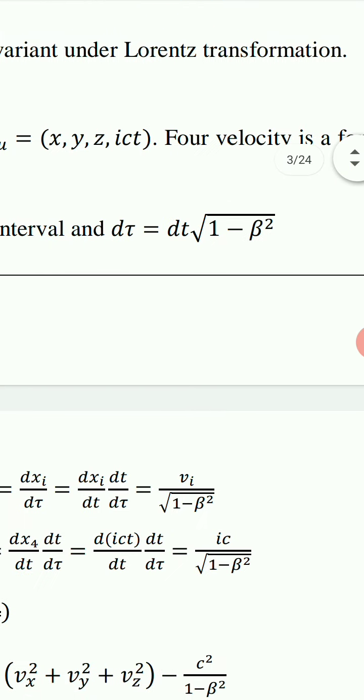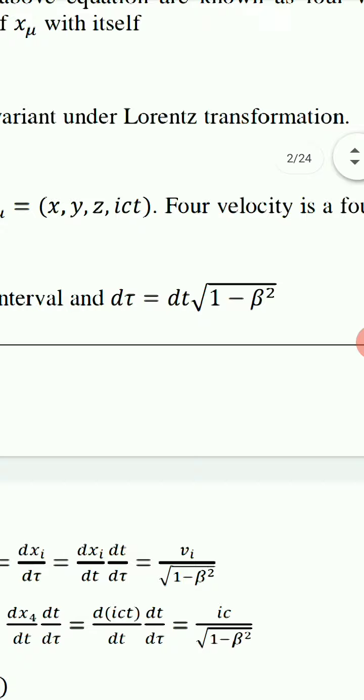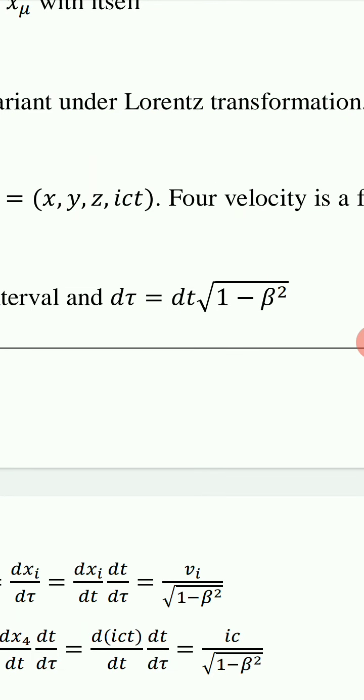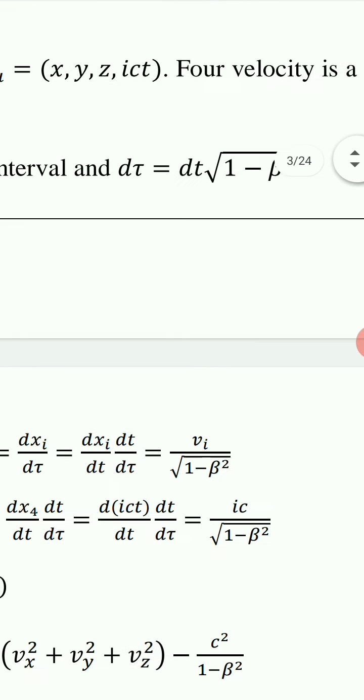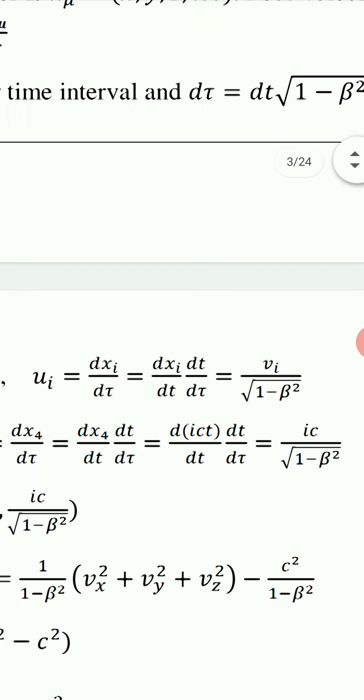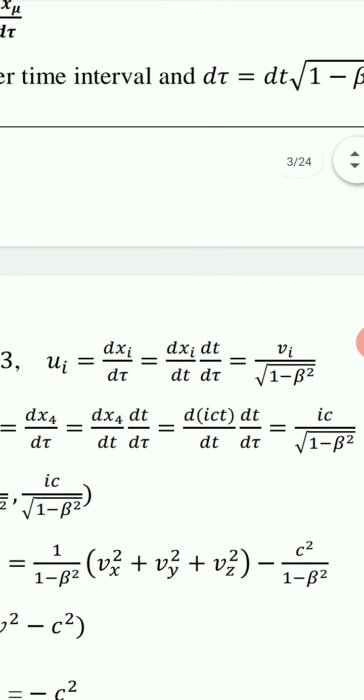And using this relation d tau equal to dt under root 1 minus beta square, we find that ui equal to vi upon under root 1 minus beta square. Here we write vi for dxi upon dt.